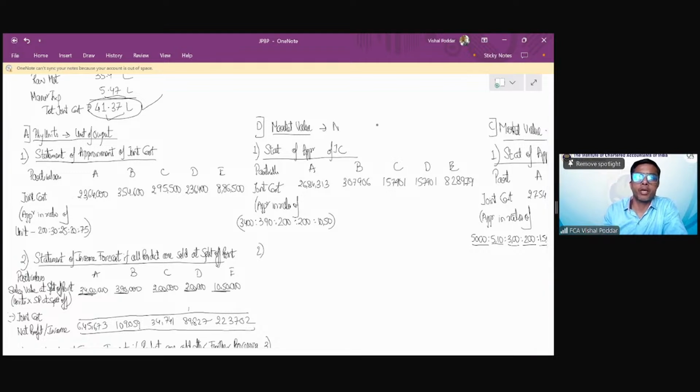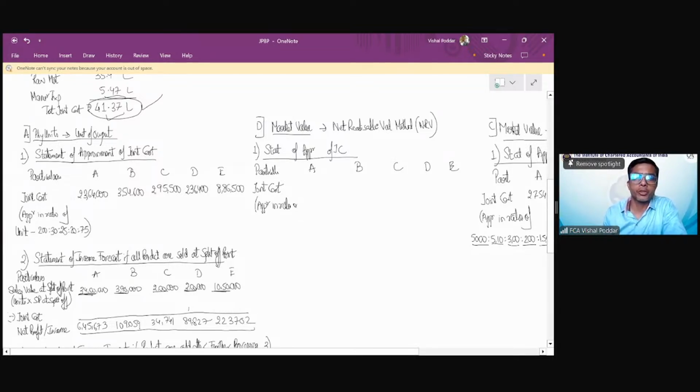And this method is called the net realizable value method. In short, NRV method. Now, for the purpose of apportioning joint costs by this method, we need to find out the ratio of NRV.